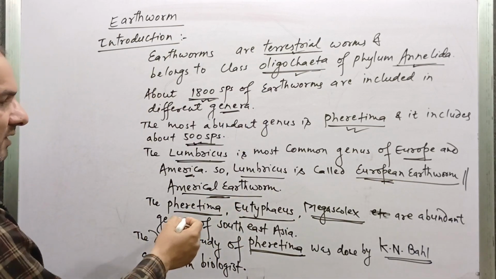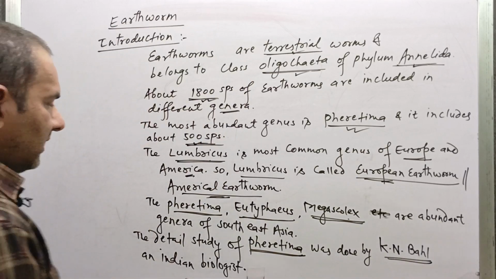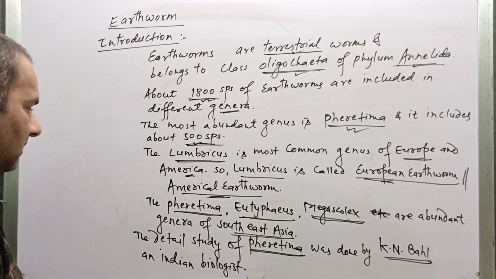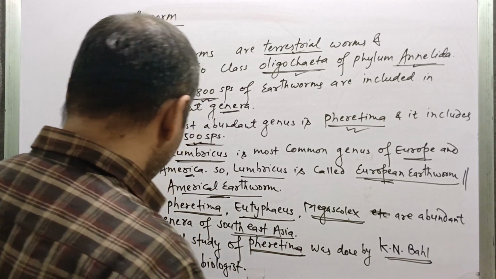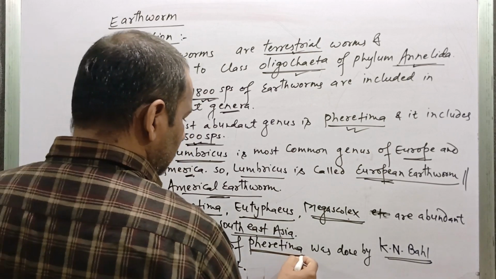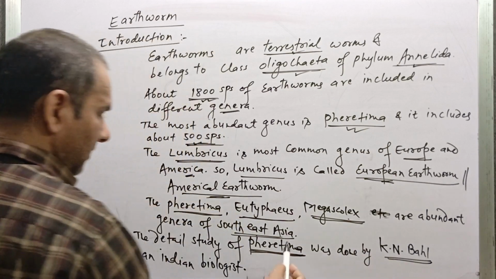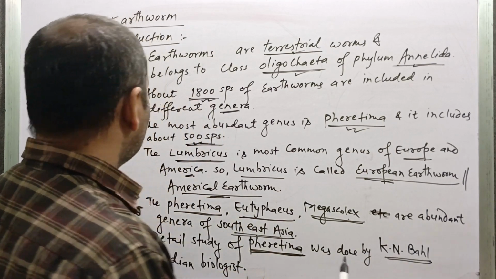Pheretima, Eutyphaeus, Megascolex are more abundant in Southeast Asia, so are also commonly called Indian earthworm. We study Pheretima posthuma, and its detailed study was done by K.N. Bahal, Karmanarayan Bahal, an Indian biologist. Okay, this is about introduction.